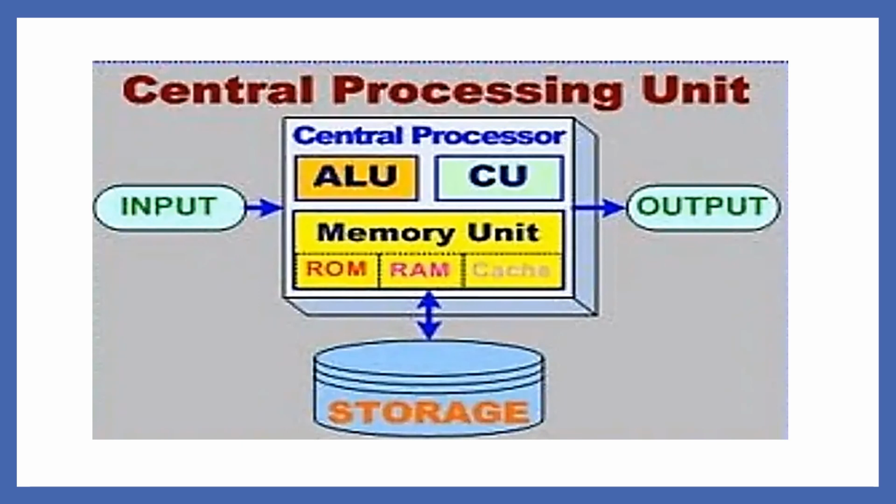When you get the input from the user, it is temporarily stored in the memory unit, and the CPU takes that input from the memory to process the instructions, to process that task, and again it stores the result in the memory unit to fetch the data to produce an output. And the control unit monitors all of the activities carried out by the central processing unit.